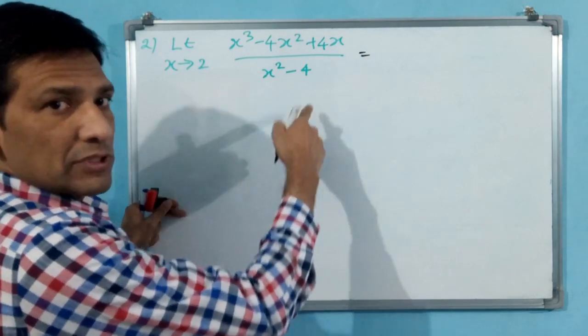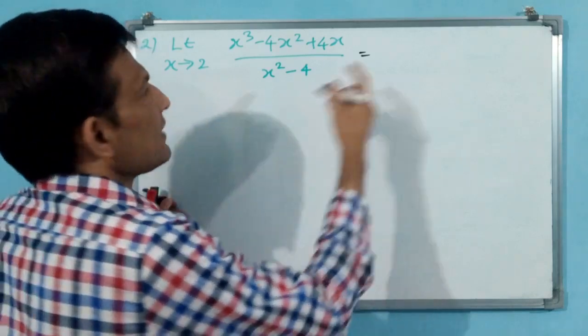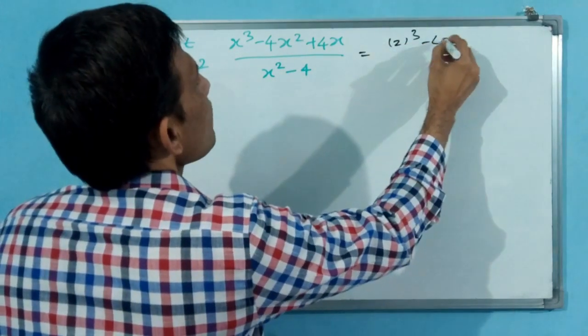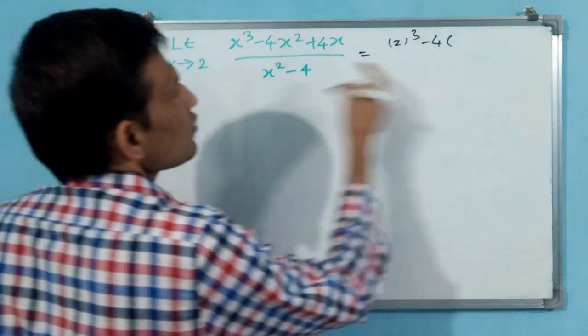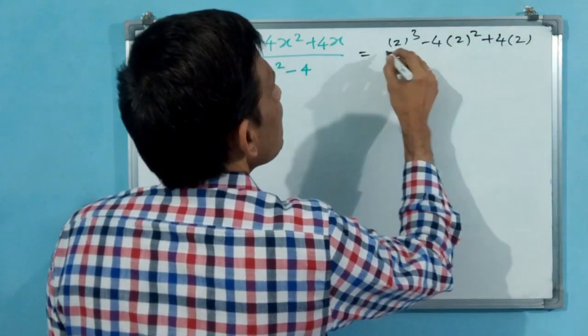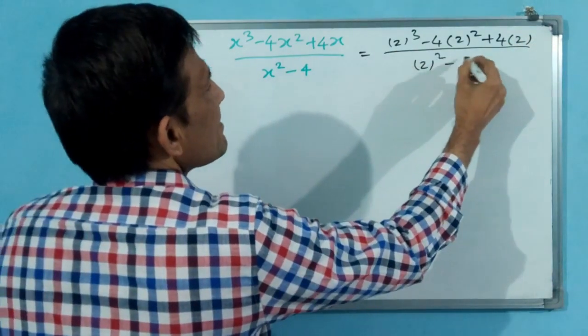I am substituting 2 like a function. Then we did not write the limit again. x cube means 2 cube, minus 4 into x square, 2 square, plus 4 into 2, divided by 2 square minus 4.